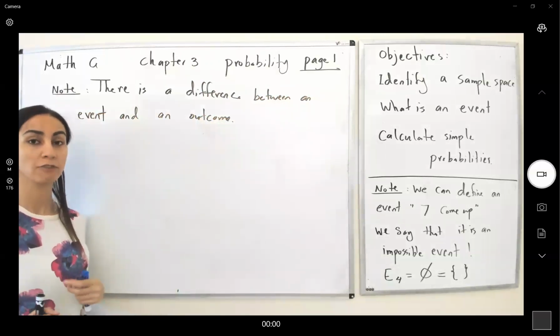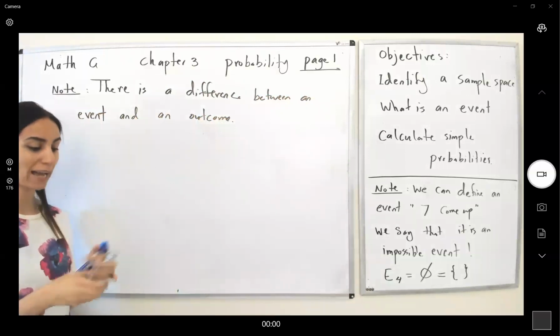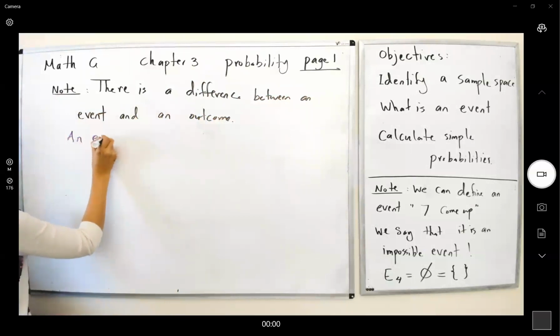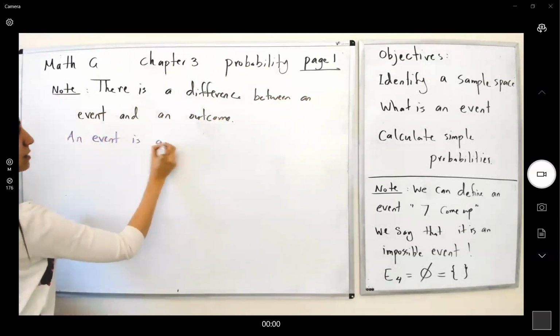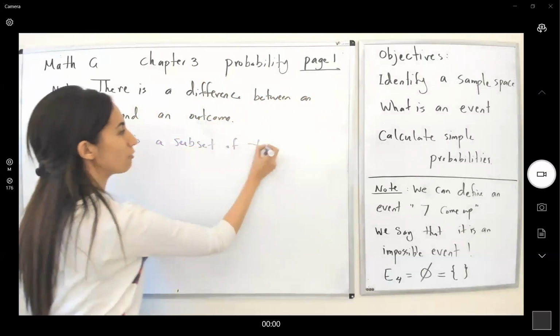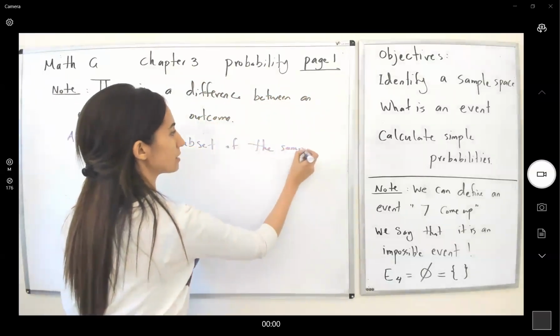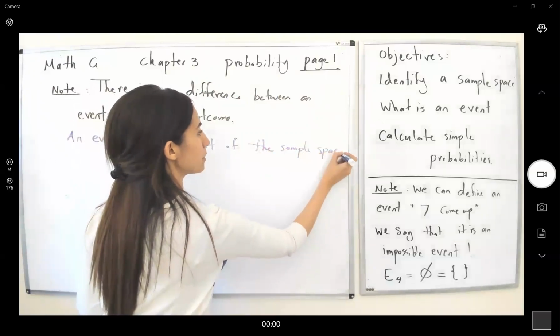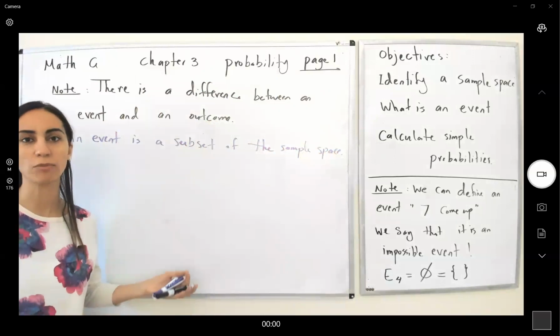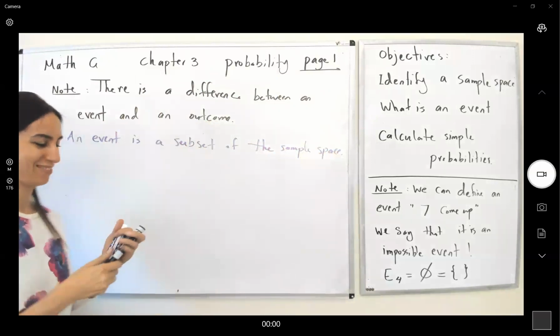For an event, you're using curly brackets. An event is a subset of the sample space. How about outcome? Outcome is just a member.